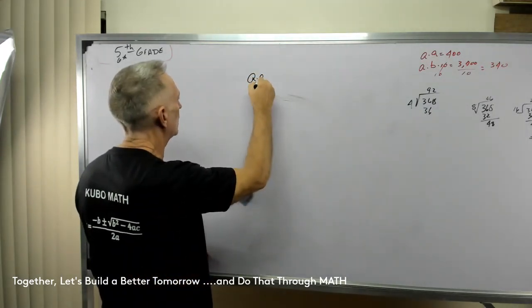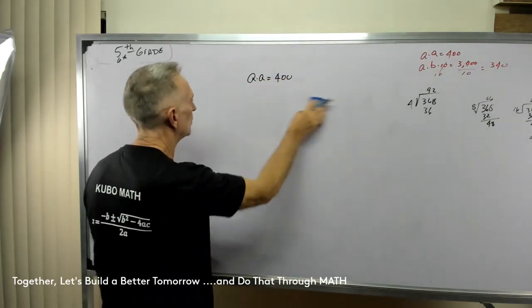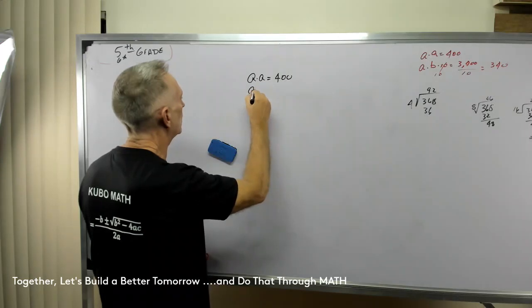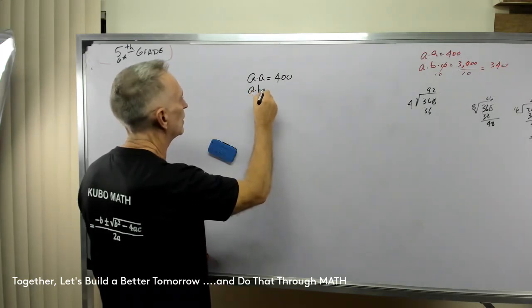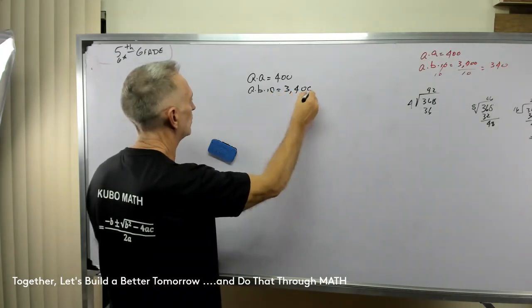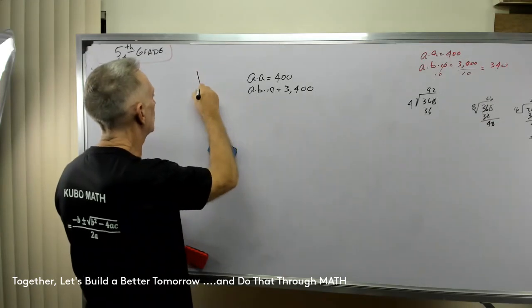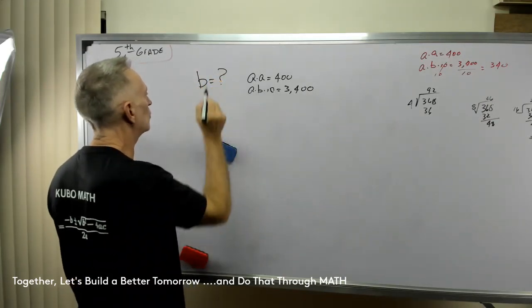So A times A equals 400. A times B times 10 equals 3,400. So they want to know, what is B? B equals what?